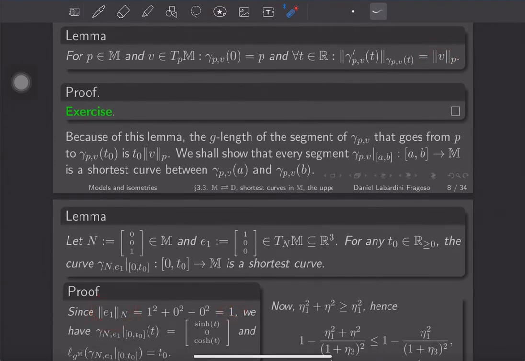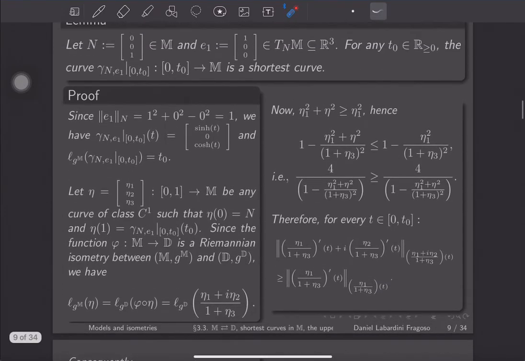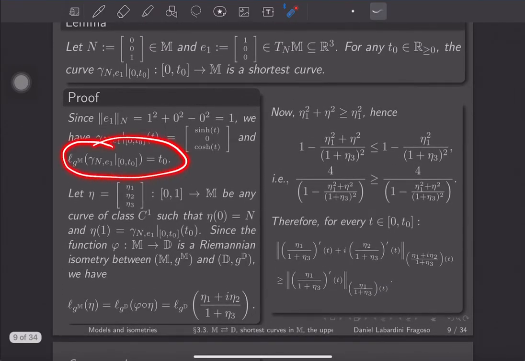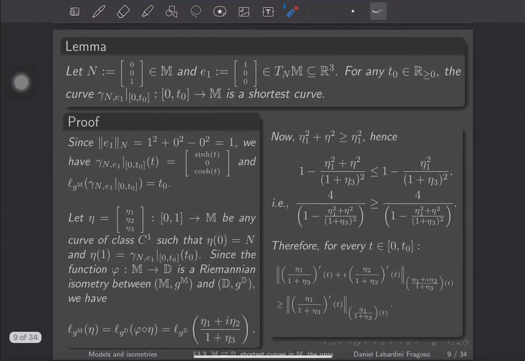So the rapidity is always equal to 1, and that constant rapidity has to be integrated along the interval 0 t0. So this length really becomes the integral of 1 from 0 to t0, which is just t0. So in this case it was easy. Having constant rapidity makes computations easy.